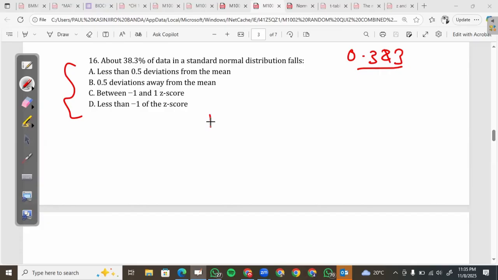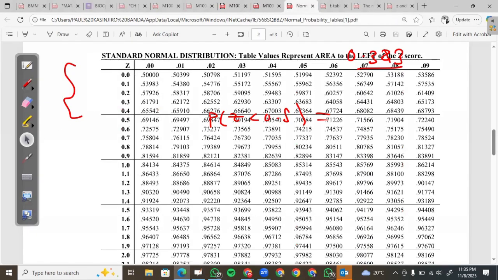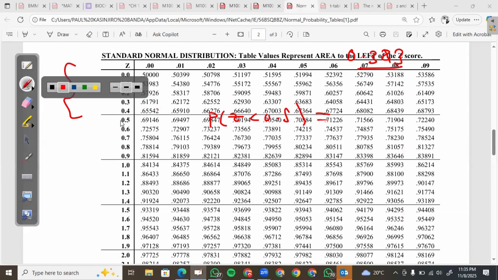That simply means the probability that Z is less than 0.5. If you go to the normal table, 0.5 is here, and 0 is there, so it's this value here.